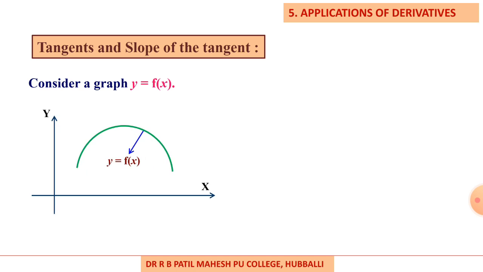Consider a graph y equal to f of x. Here you can take two points, A and B, on the x-axis.